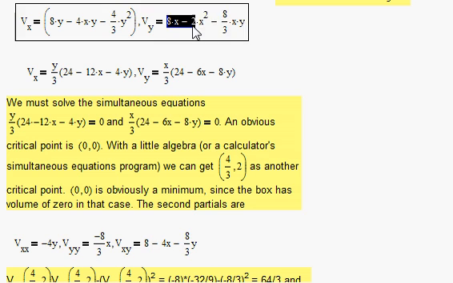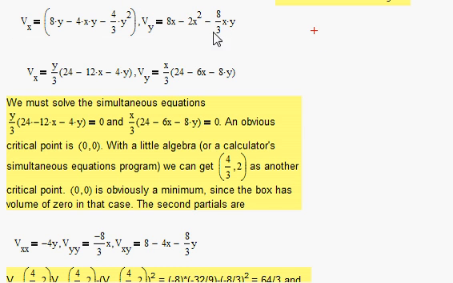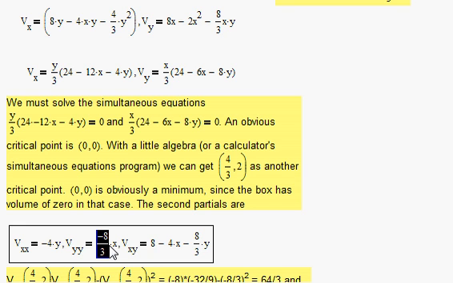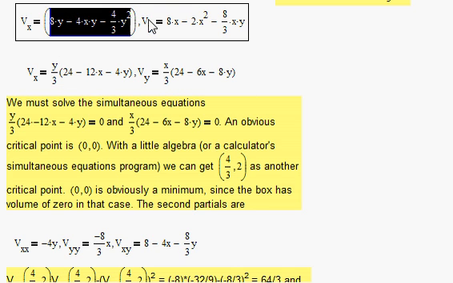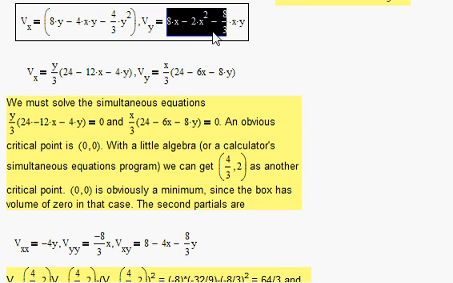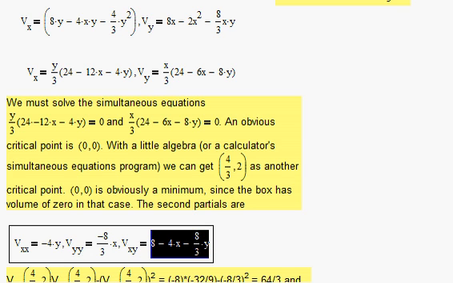The partial of this one with respect to y is negative 8/3 x. And then the mixed partial of this one with respect to y would be 8 minus 4x minus 8/3 y. And of course that should be what this is too: the partial of this one with respect to x, 8 minus 4x minus 8/3 y. So they're both the same.